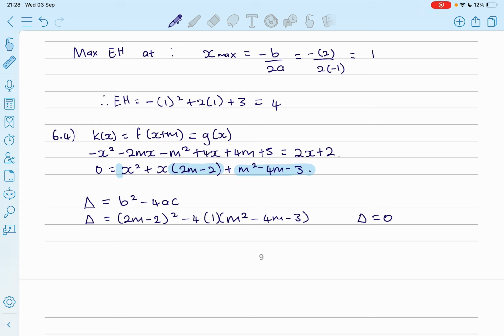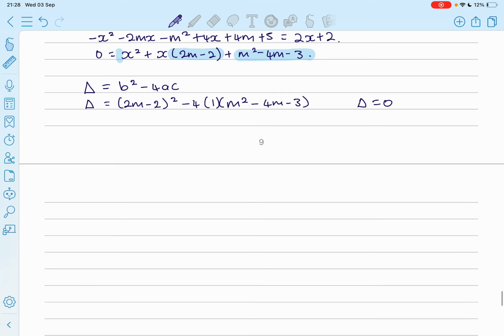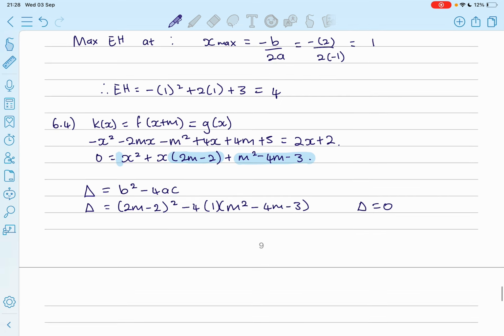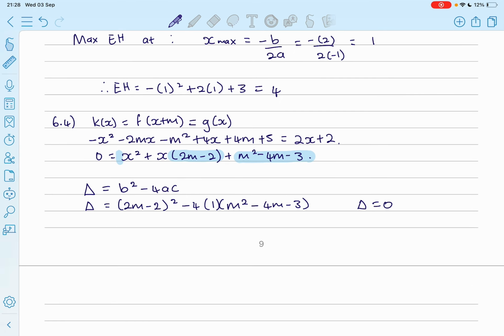And when you have equal roots, then we'll be able to solve for m. So we're going to equate our discriminant to 0. So let me write here, discriminant is 0 for equal roots.